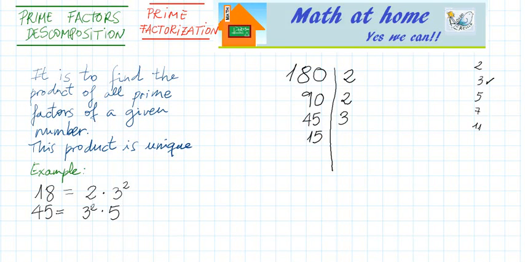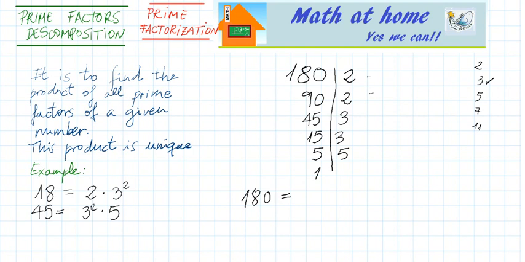Then we have to try if it's divisible by 3. Is it divisible by 3? Yes, it is. Then we write 3, and we do the division. And now we have to check. You know that 5 is a prime number, so 5, and we write here the number 1. And now is the moment to write the prime factor decomposition, because you have all the factors here.